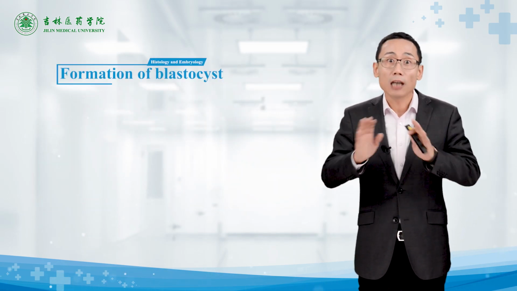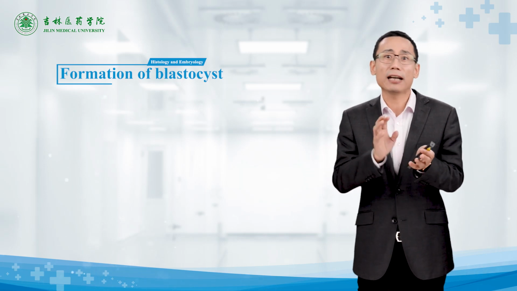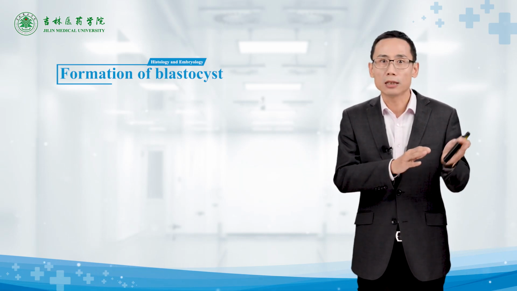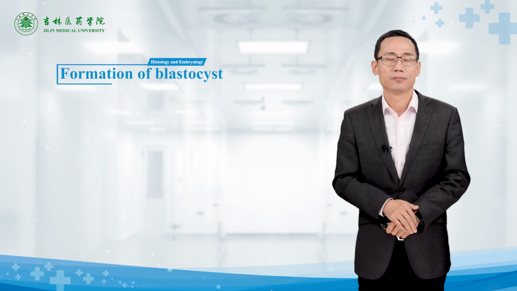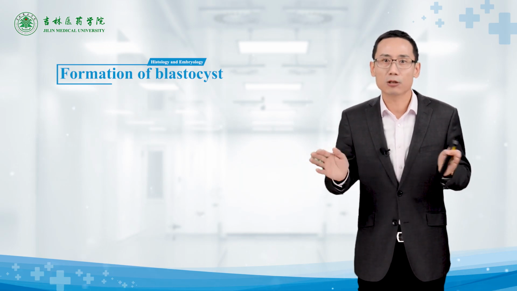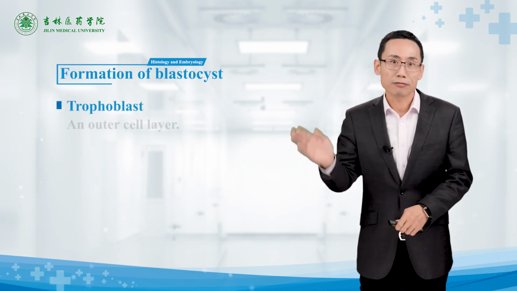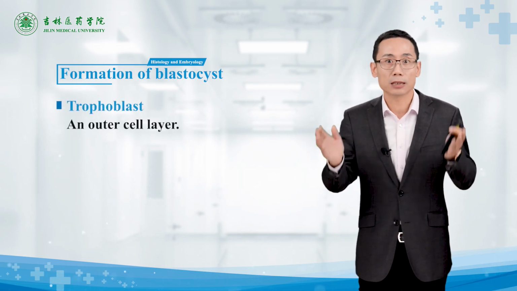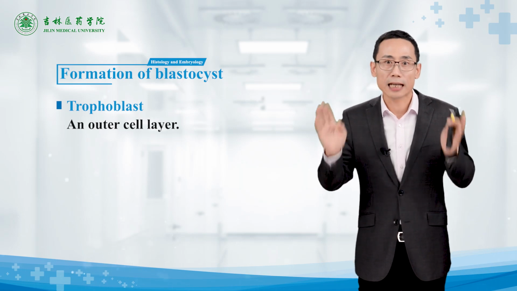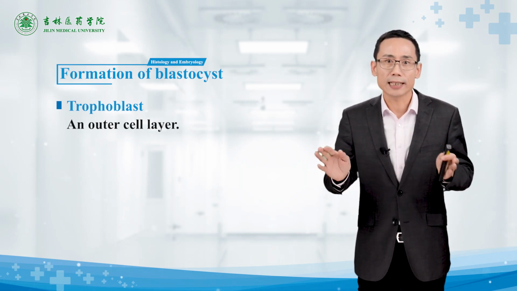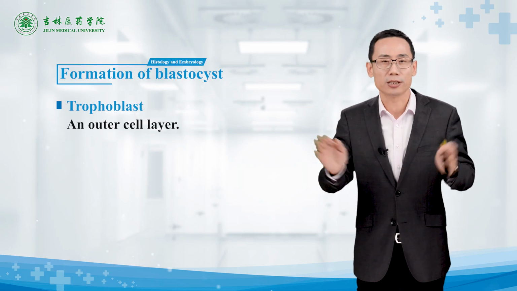At this time, the zona pellucida dissolves and the embryo is vesicular, so it's called blastocyst. The center of the blastocyst is the blastocyst cavity. The wall of the blastocyst is composed of a layer of cells, which is related to the absorption of nutrients.